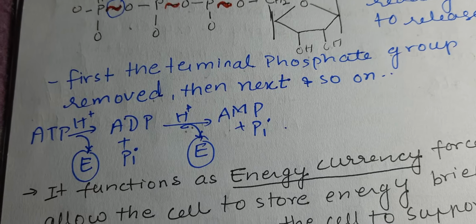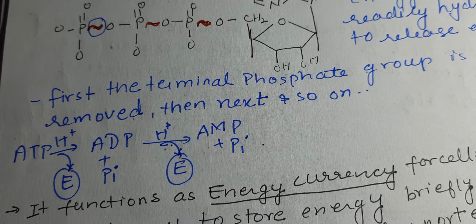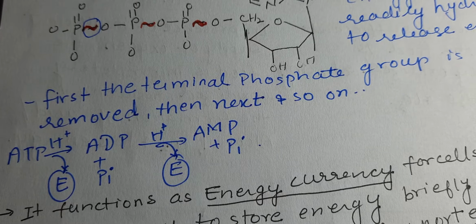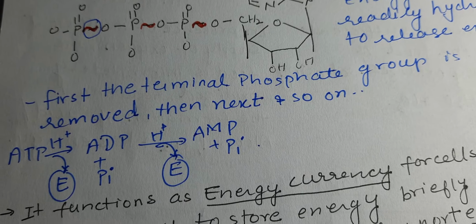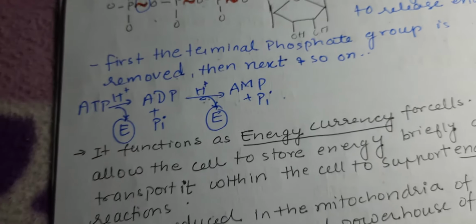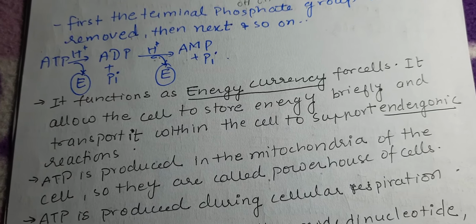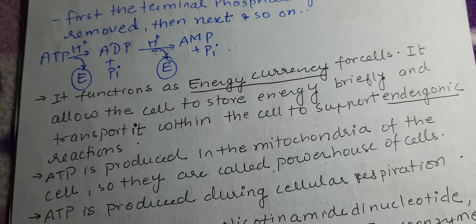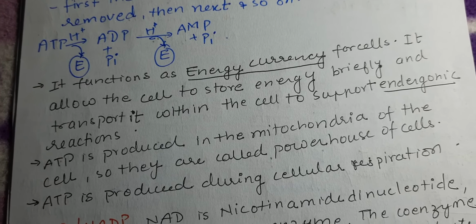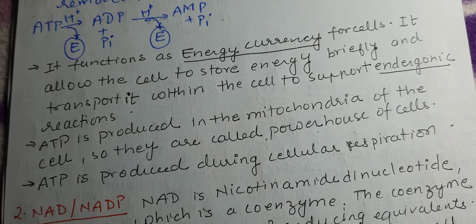If the next bond is broken, ADP is converted to AMP plus Pi. ATP functions as the energy currency of the cell, as it allows the cell to store energy briefly and transport it within the cell to support endergonic reactions.